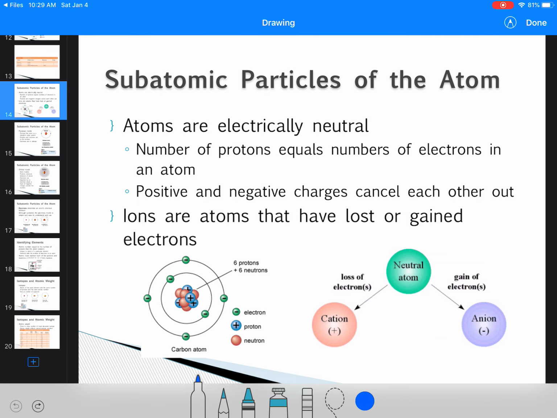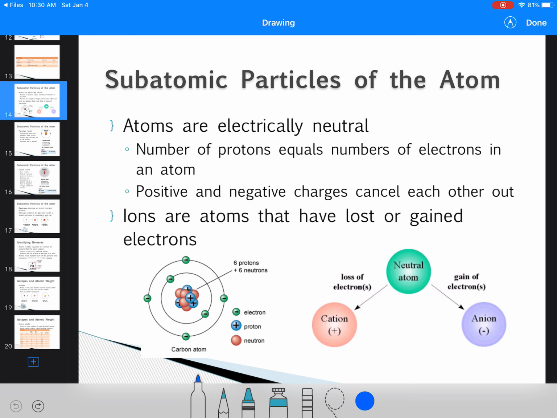Okay, so sometimes, as I said before, you may have an atom that either loses or gains electrons in order to fill that outer valence shell. Okay, and if that happens, that's going to change the charge of that atom. If you think about it, electrons have a negative charge. So let's just say that we have an atom that loses an electron.